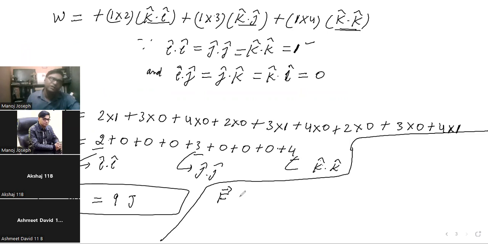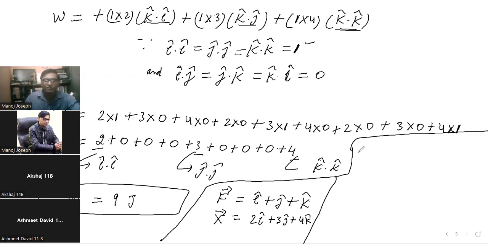The force vector was given as i cap plus j cap plus k cap, and the displacement vector was 2 i cap, 3 j cap plus 4 k cap.